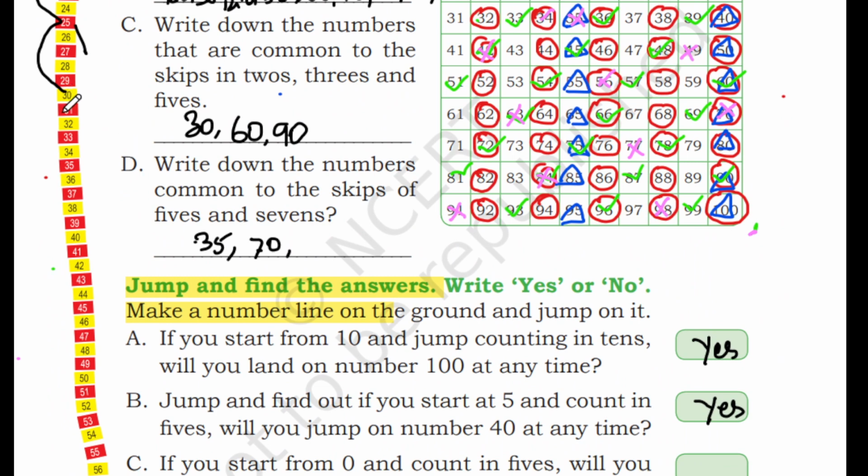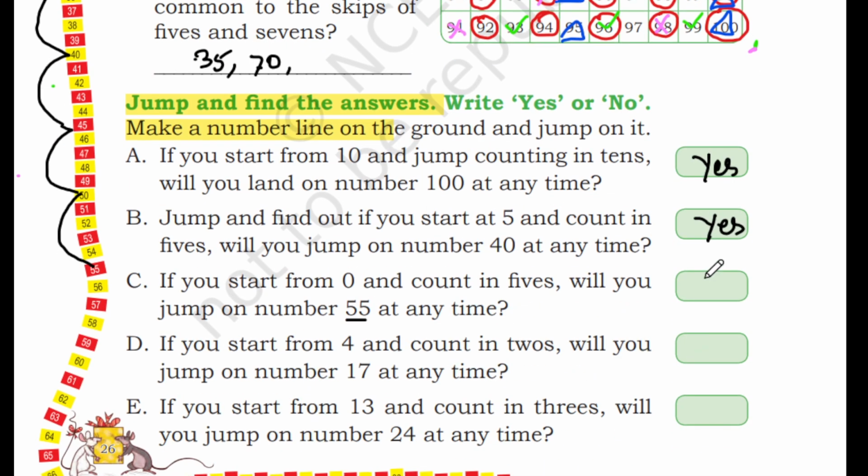So 1, 2, 3, 4, 5, you reach 30 to 35. So 35, 40, then 45, 50, then count 1, 2, 3, 4, 5, you reach 55. So we are reaching 55. So the answer is again yes.